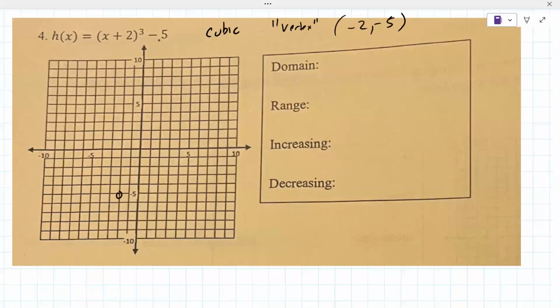So what that point is, it's this place where the graph switches from like this to like this, or like this to like this, and we'll see that based on the other things that we do here. So the next thing is to build a table, and that point goes right in the middle.